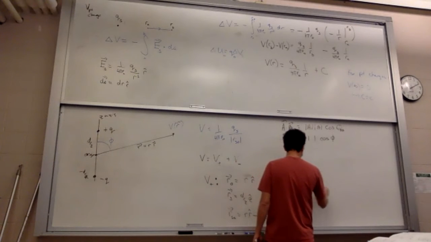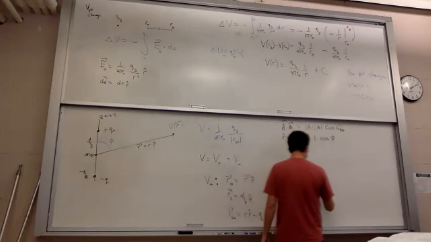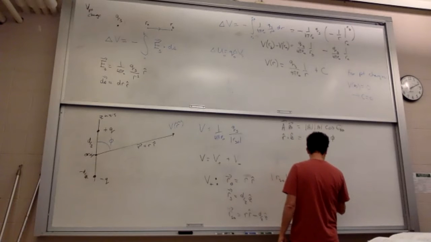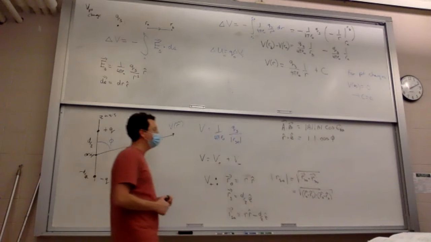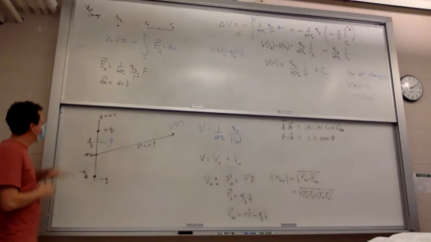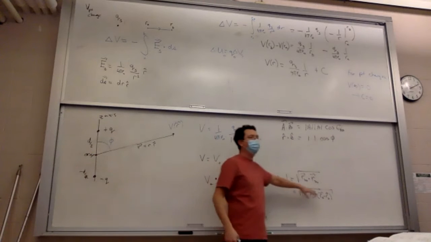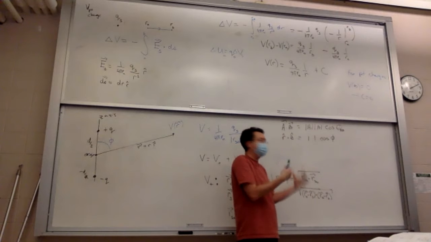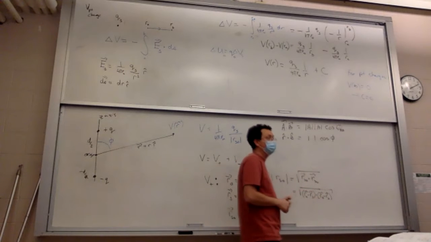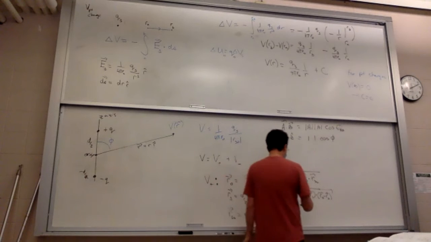This is the square root of RO minus RS dotted with RO minus RS. A lot of times we work with perpendicular things and it just looks like the Pythagorean theorem, but now these aren't perpendicular, so you're going to get cross terms.